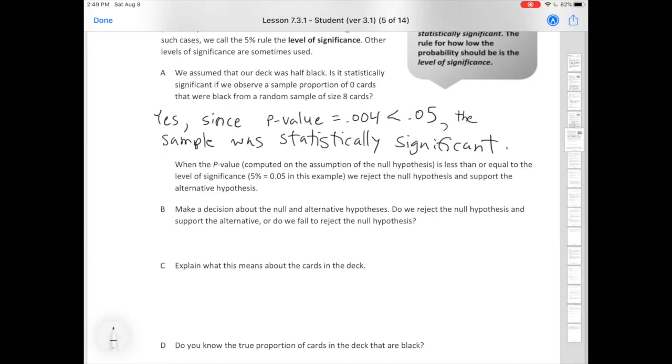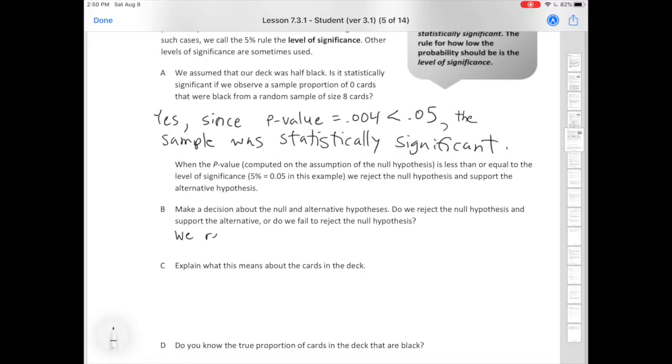So let's make a decision now about the null and alternative hypothesis. Do we reject the null hypothesis and support the alternative, or do we fail to reject the null hypothesis? Because it is statistically significant, it means that the null hypothesis is extremely unlikely.